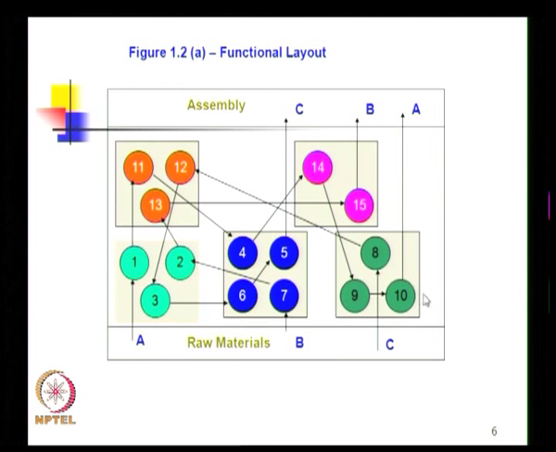Here, for example, 9 and 10, and once again we have another example of 6 and 5 and so on. So, as I mentioned in an earlier lecture, each department here would be responsible for that particular operation or function and is not generally responsible for the overall production of A or B or C. So, the ownership and responsibility is for the process and is not for the product.